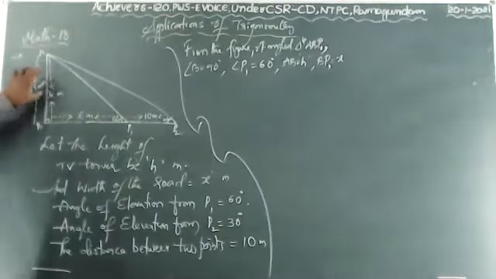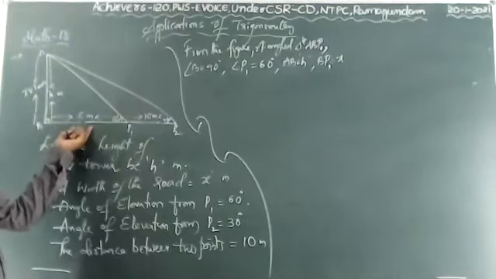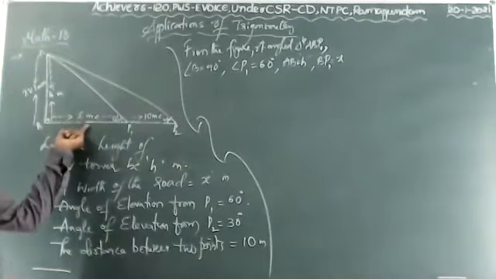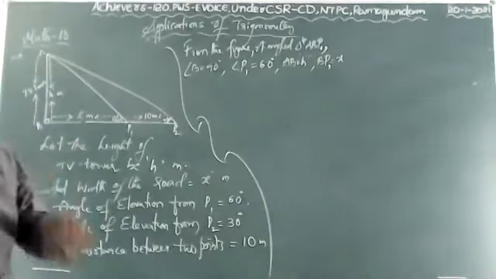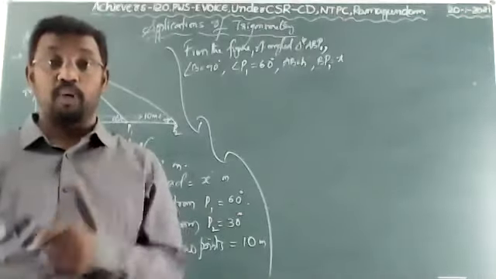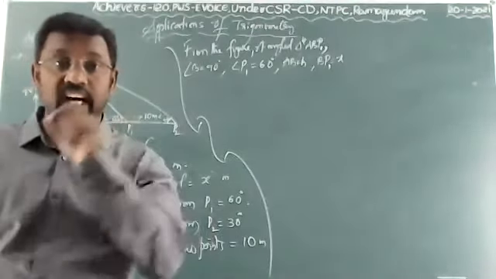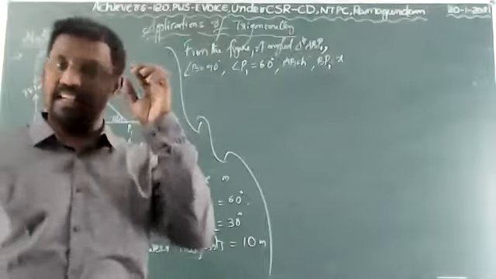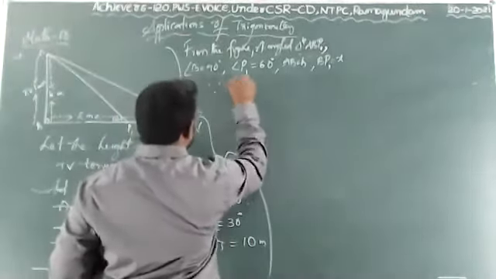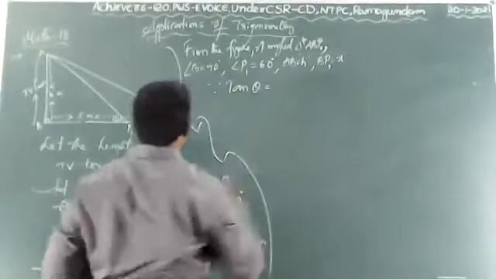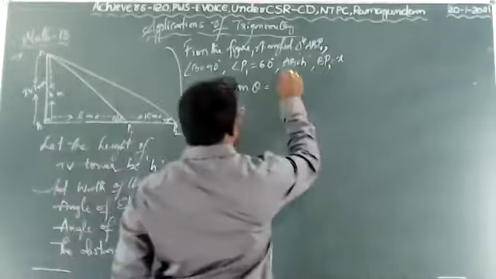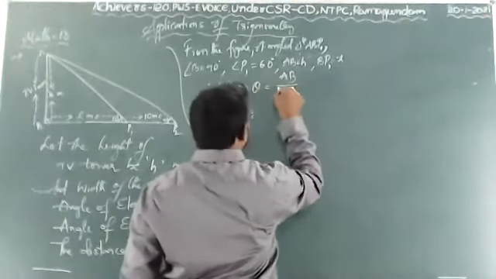So opposite side we have, adjacent side also we have. What ratio is related to opposite and adjacent? That is tan theta. Tan theta is equal to opposite by adjacent, that is AB by BP1.